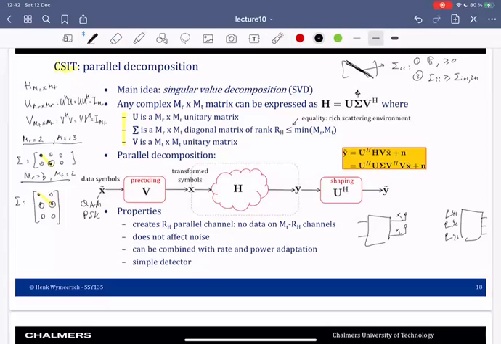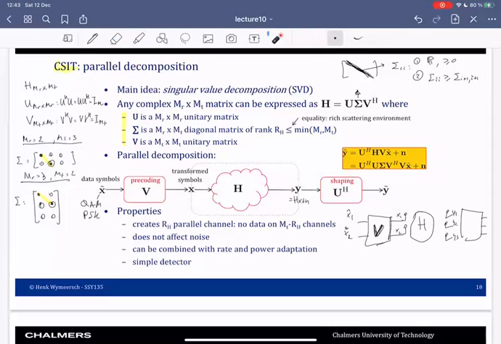So we'll have here X tilde 1, X tilde 2. We multiply by V, and whatever is the result, that's what we transmit over the channel. Then we have our channel H between the transmitter and the receiver. We have our observation Y, and again Y is Hx plus N as before.